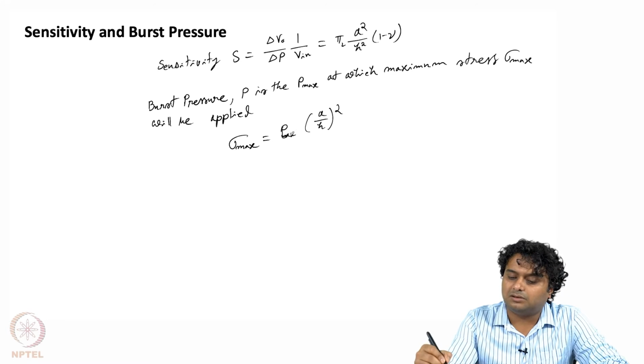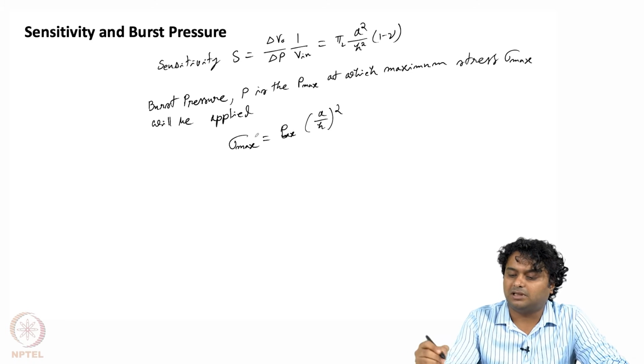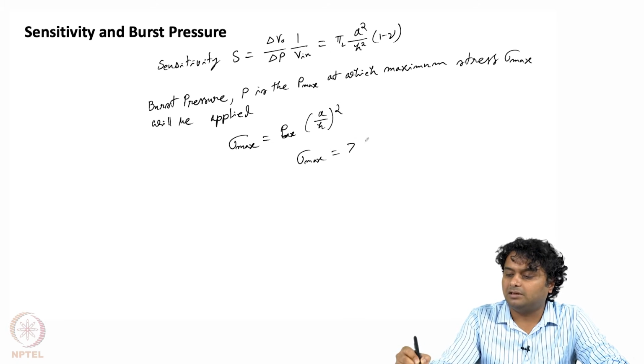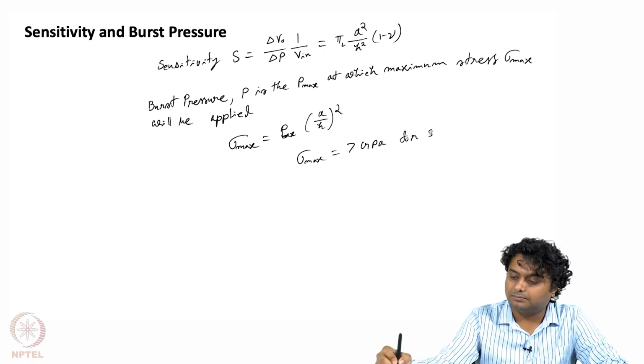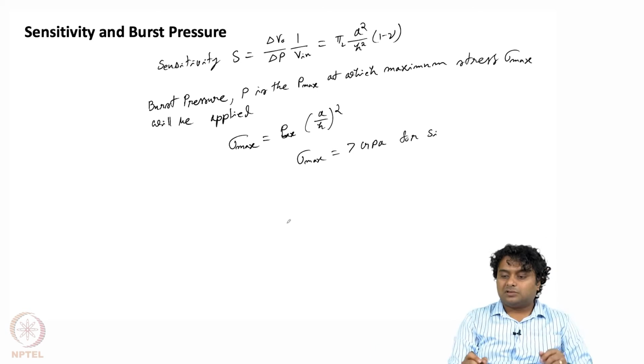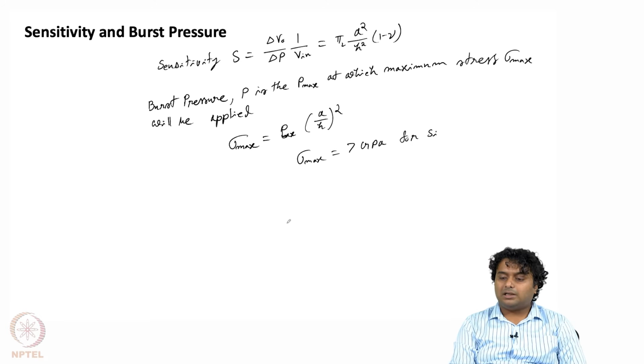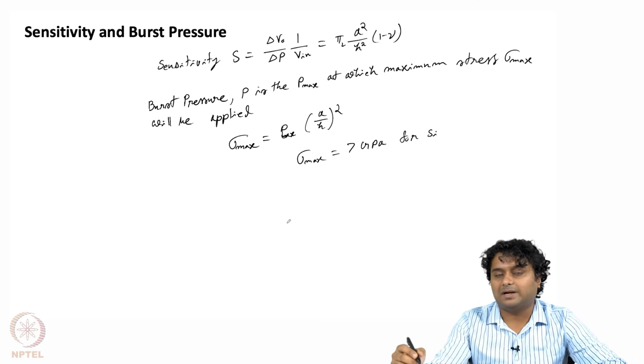At the burst pressure the stress will be maximum, and this sigma max is equal to 7 GPa for silicon, 7 gigapascal.